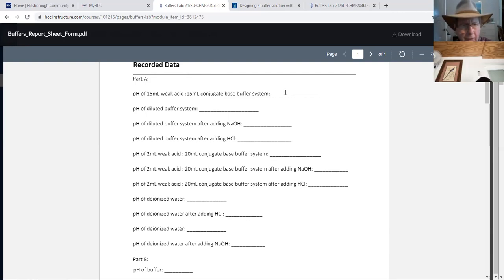All right. Now, to that 30 milliliter solution of buffer, you're going to add another 30 milliliters of water. Then you are going to take the pH of that. With the water included? Yes. Are you expecting the pH to change? I would assume.